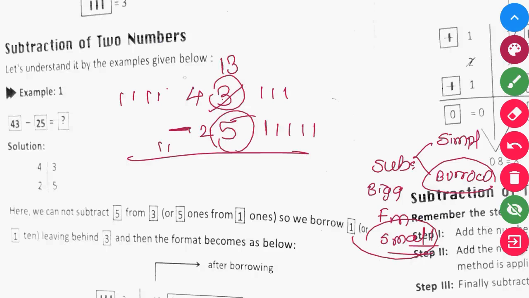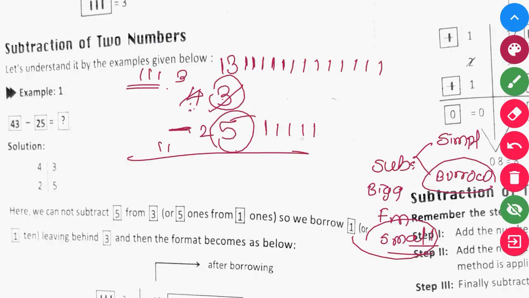So 3 becomes 13 and 4 becomes 3, because it is giving one position to the 3 to become 13. So the twist is, we will not draw 3 bar lines for 3 and 4 bar lines for 4. We will draw 13 bar lines for the topmost digit and 3 bar lines for the tens position digit, because it becomes 3.